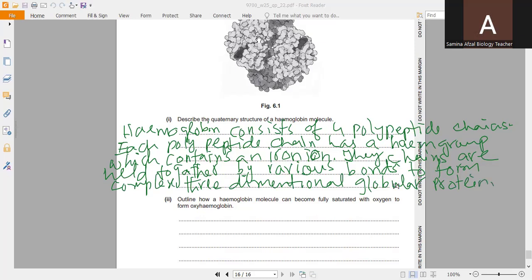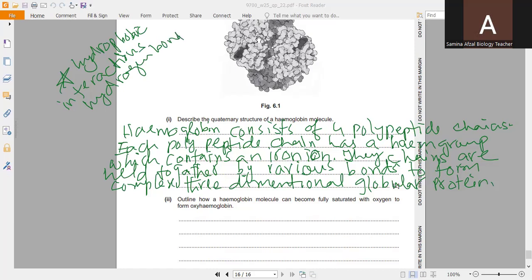The different bonds which are formed between these chains are, this is for your information, hydrophobic interactions, hydrogen bonds, and ionic bonds.